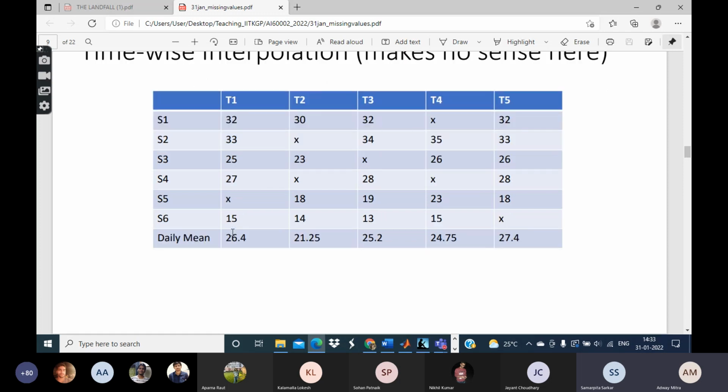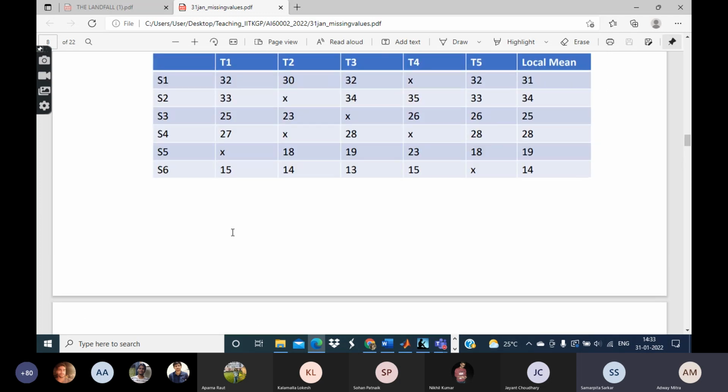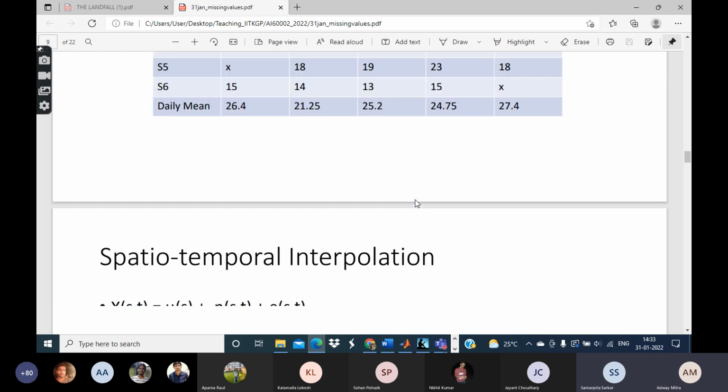If we have to take this kind of a mean and replace the missing values, then we have to take the mean only over values where there is a reasonable amount of uniformity. So taking the mean over time at a particular location seems to be a decent idea, even though there is temporal variability, as we have already pointed out, but that is relatively minimal. On the other hand, the other one does not make any sense.